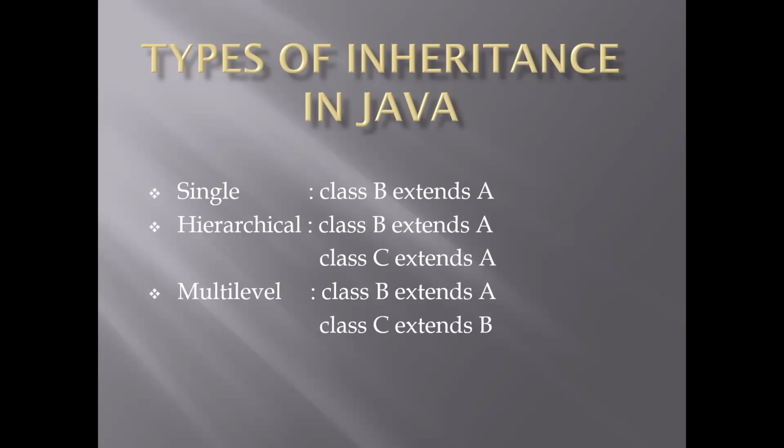Sometimes you need only to have single inheritance, only one class inherits another class. In some cases, you have the hierarchical, where you have one class, okay, acts as a parent for multiple classes, okay, and sometimes you have the multi-level, where we have a superclass and each subclass also acts as parent for some other child classes.